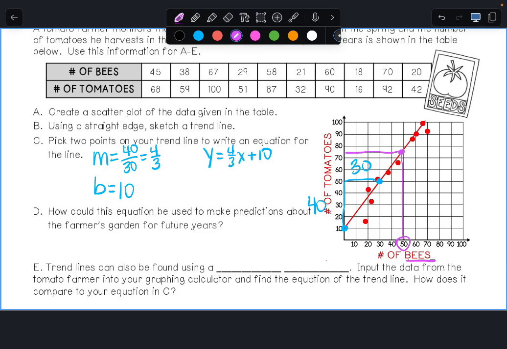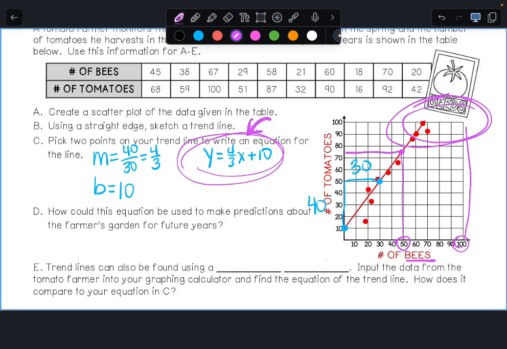But if I asked you, if 100 bees visited the garden, how many tomatoes could you expect? Would you be able to answer that question? No, because that is a value that is not on the graph. That is the reason that we need this trend line equation, because we need to plug that 100 in as my x value, so I can estimate what that number would have been, okay?